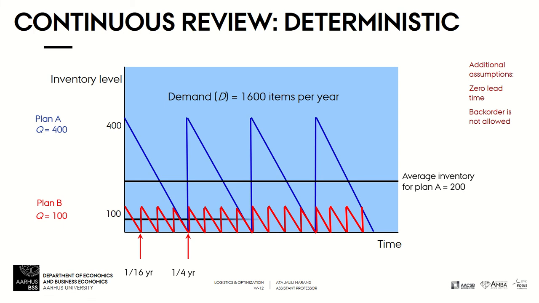On the other hand, we have a lower average inventory level, so the inventory holding cost is lower in this case. So we have two different costs, and we want to make a trade-off between them. We have inventory holding cost, which is higher in plan A and lower in plan B, and ordering cost, which is higher in plan B and lower in plan A.